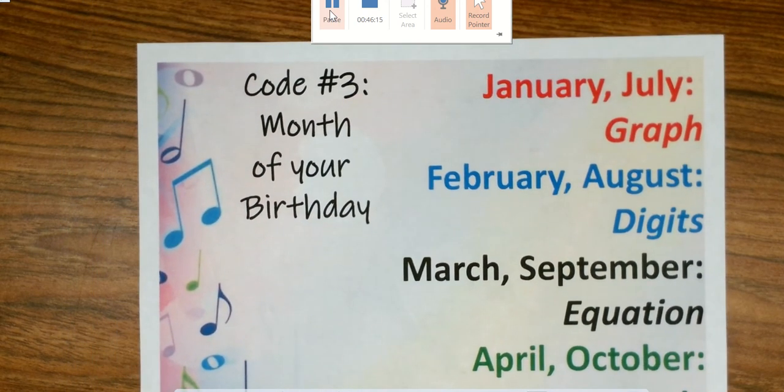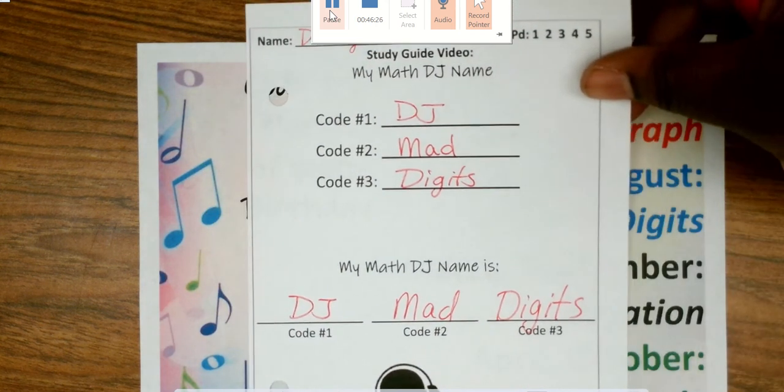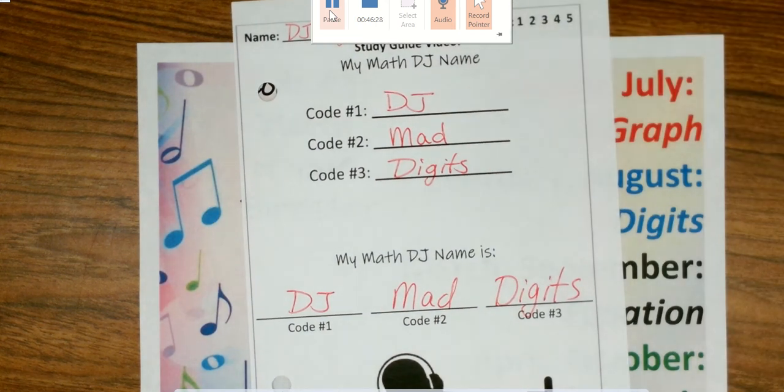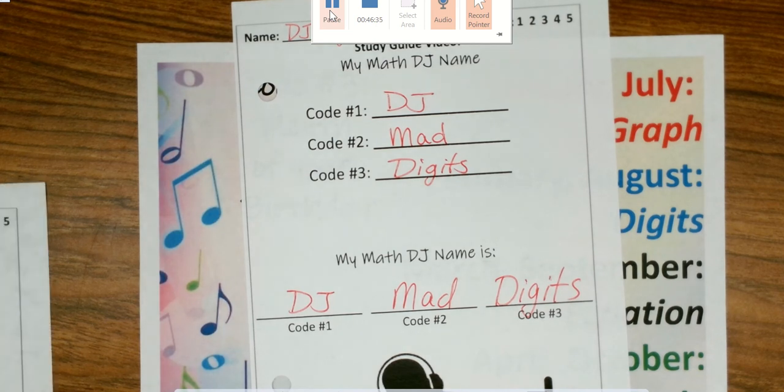February 12th, Abraham Lincoln's birthday. We both got a little holiday birthday. So that means mine is digits. I love DJ Tay, but this is kind of hot too. DJ Mad Digits. I like it. So we hope that you enjoy your math DJ name.